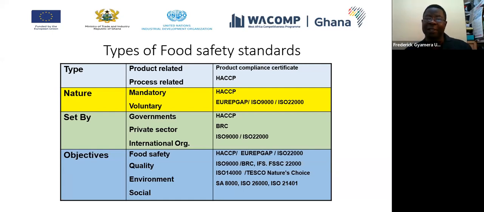And therefore, you look at it as mandatory. And some standards are set by governments to regulate certain sectors, especially the food sector, through their food law, and you need to have those certifications.